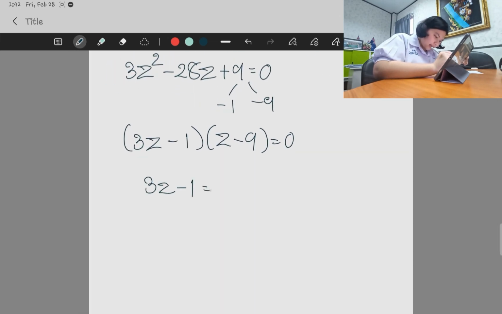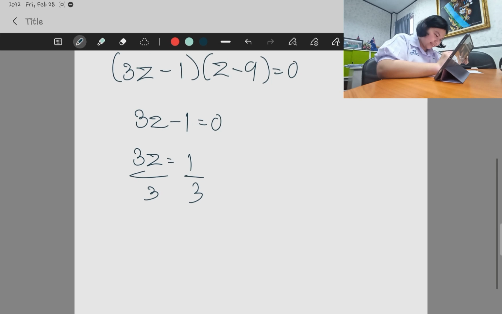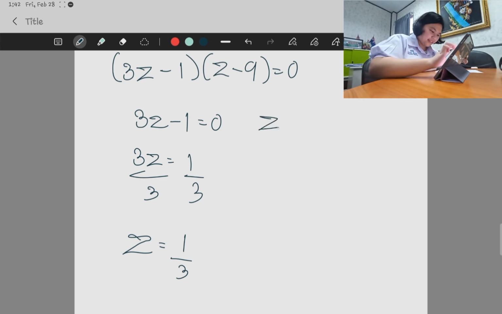3c minus 1 equals 0, and we will move negative 1 to the other side, so it will be 3c equal 1, and when we divide by 3 to cut the 3 off, only c left equals 1 over 3. And then we do the same with the c minus 9, so c will be 9.